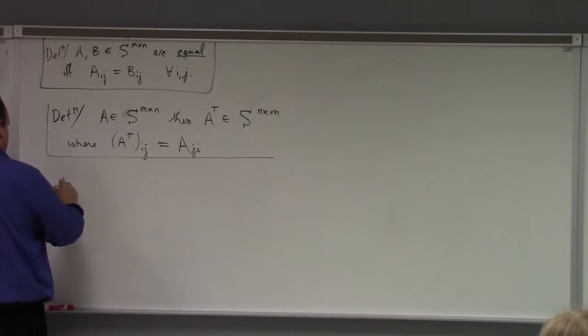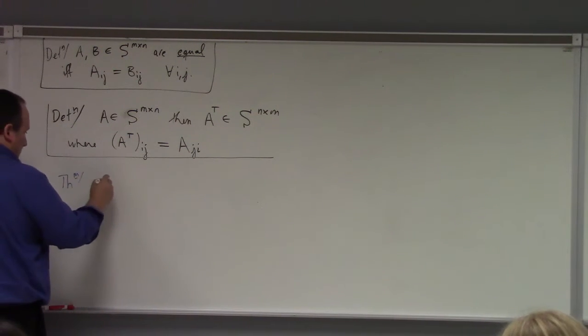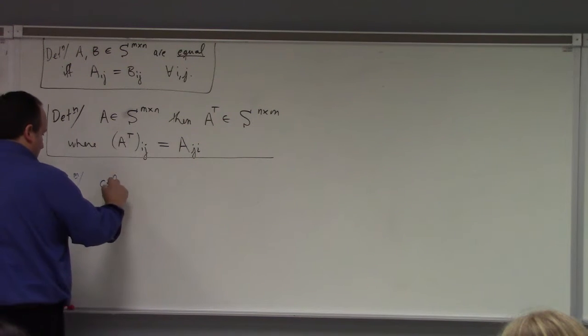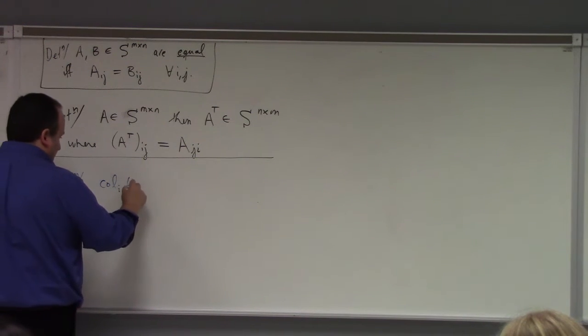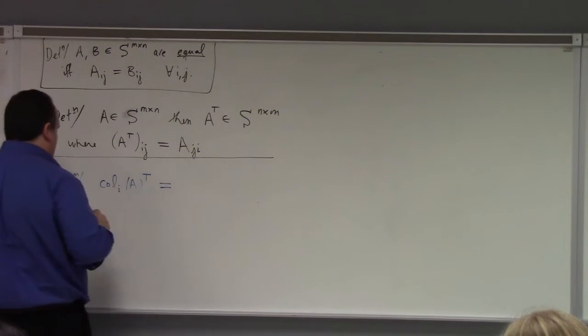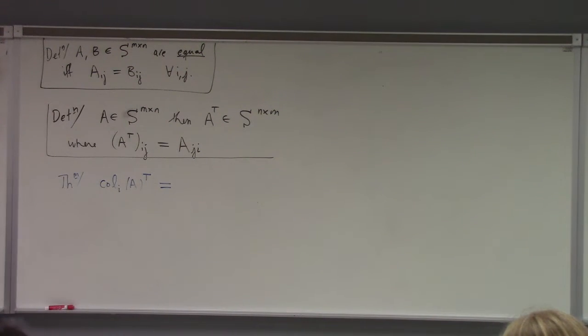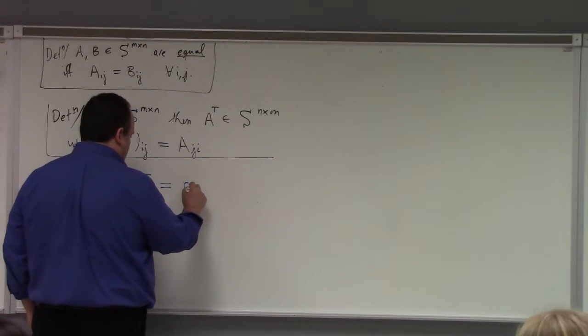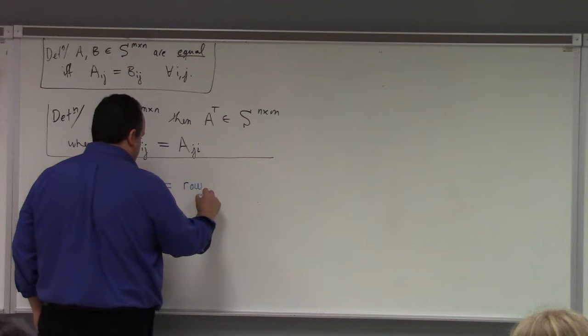So, theorem, right? If we have column i of A and we transpose it, that's equal to what? Row i of what?